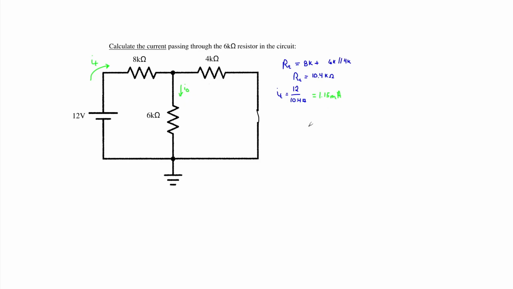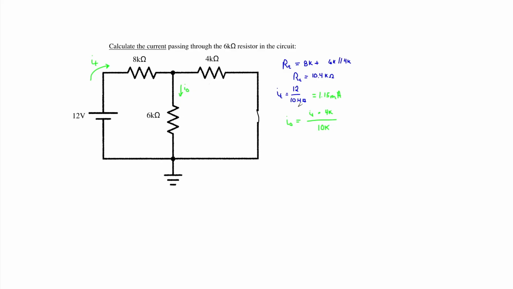Now, if you remember from the previous problem, our equation for solving a current divider is as follows. The current of the branch we are looking at is equal to the total incoming current IT multiplied by the resistance value of the opposite branch, which is going to be 4K, divided by the total resistance of both branches, which is going to be 6,000 plus 4,000, gives us 10K.